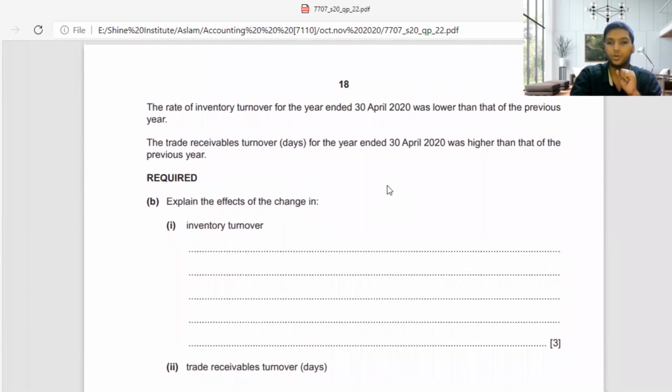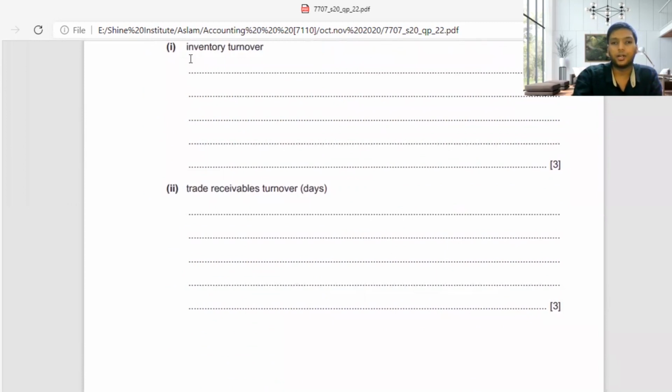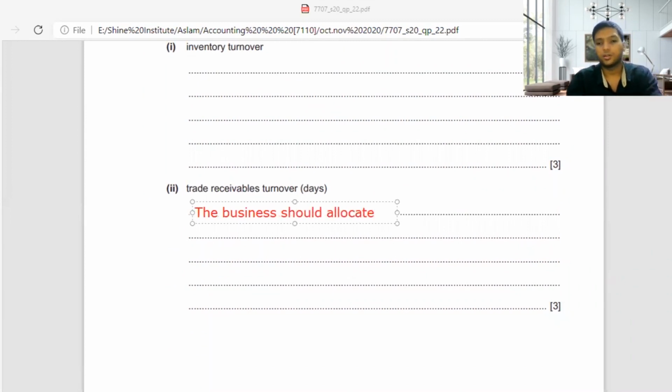The trade receivables turnover days for the year ended 30th April 2020 was higher than that of previous year. So they have trade receivable turnover which has been delayed. What are the things it might have? The business should allocate provision for doubtful debts, because they might know that there might be bad debts in future.